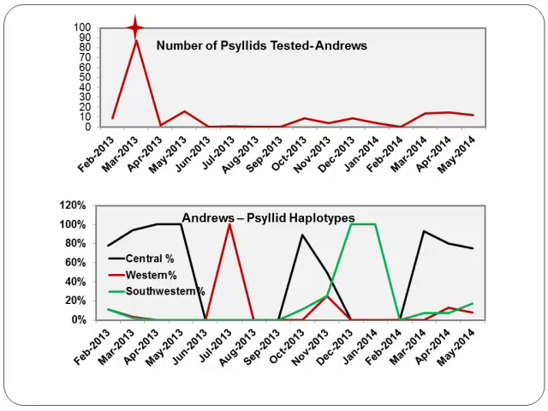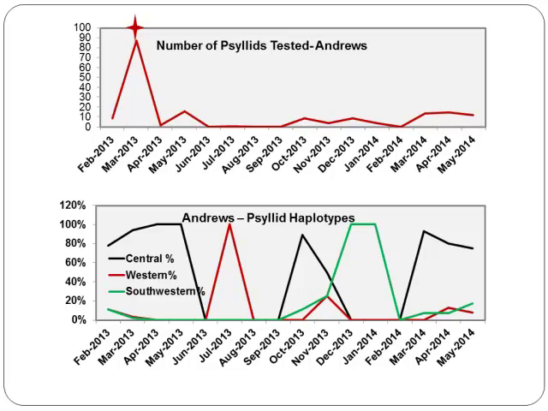We did capture a high number of psyllids in March 2013. We did not process all of them because the number is very high. However, we did process a relatively good amount of psyllids, and we found some interesting haplotype shift in some locations.